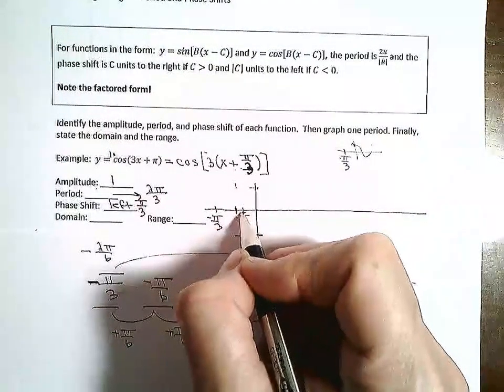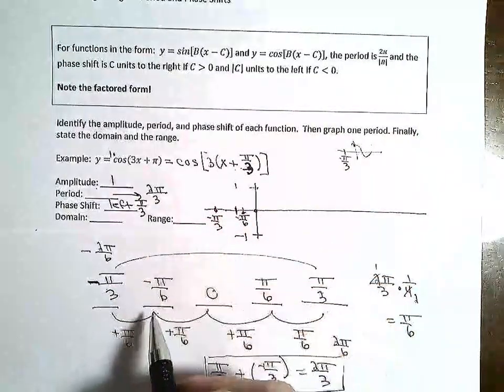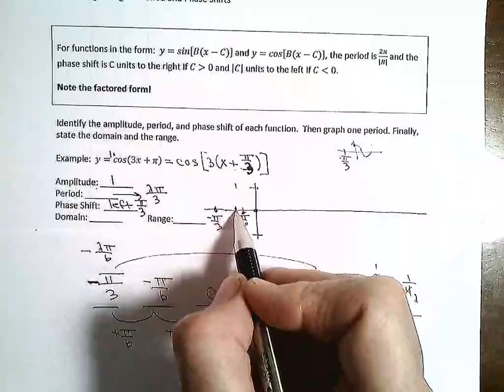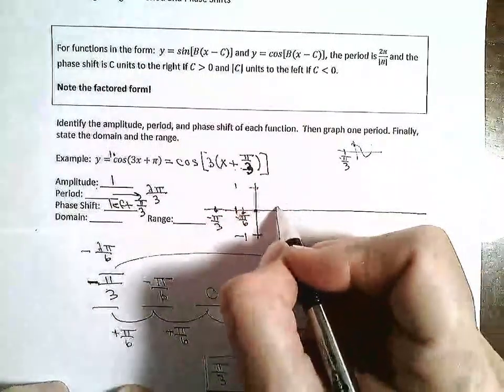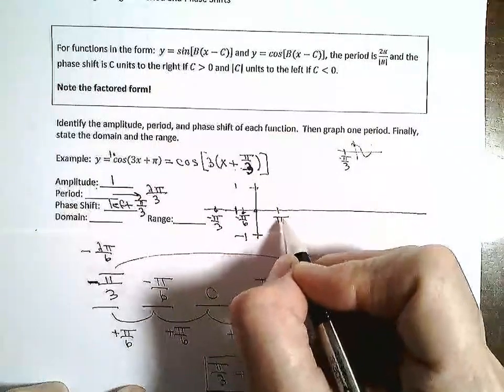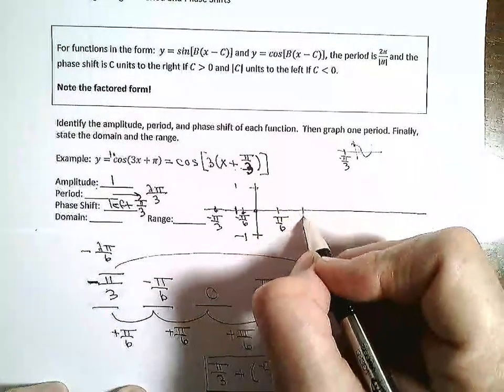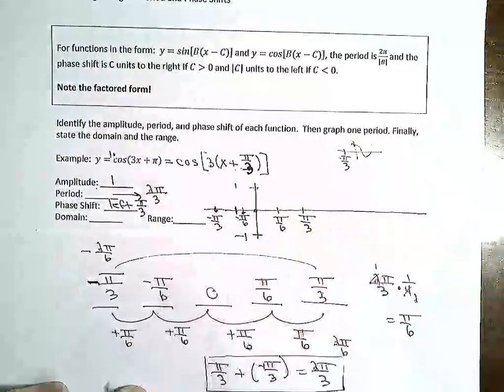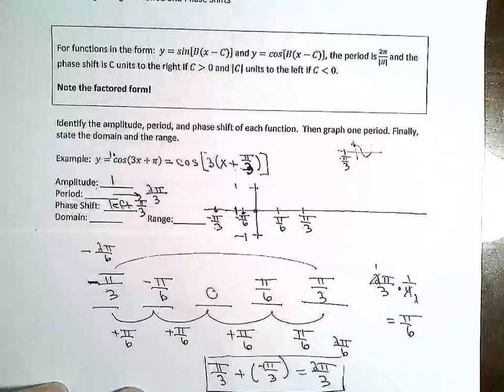Let's put this here and take that one away. So 0, right? And that makes sense because this negative pi over 6 should be exactly in the middle between those 2 values. And then the next one's going to be pi over 6, so I'll try to evenly space that one, do a better job with that. And then the last one, pi over 3. And of course, we can see the symmetry in this particular graph.